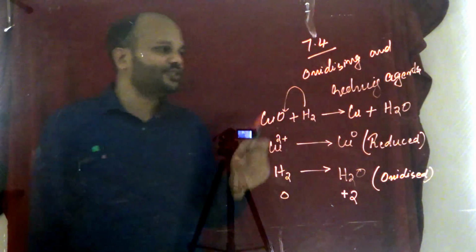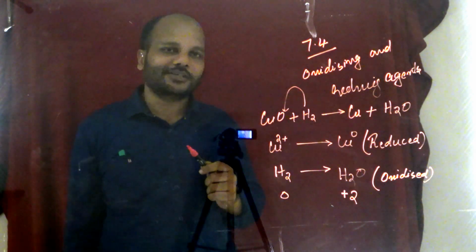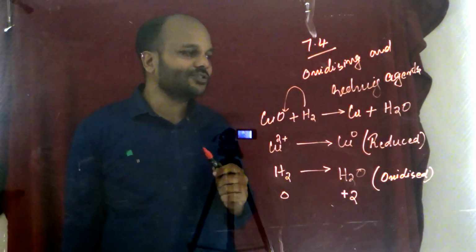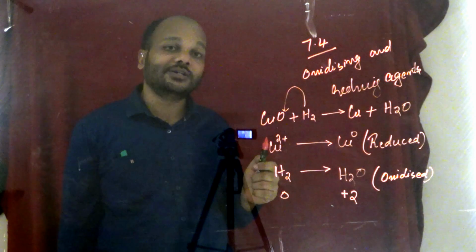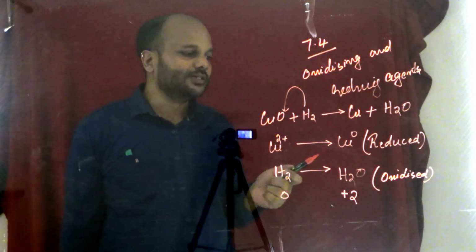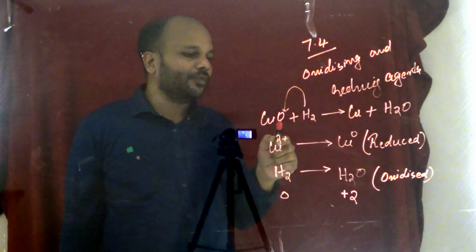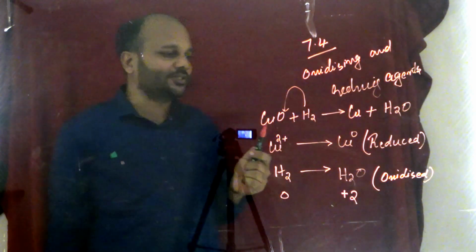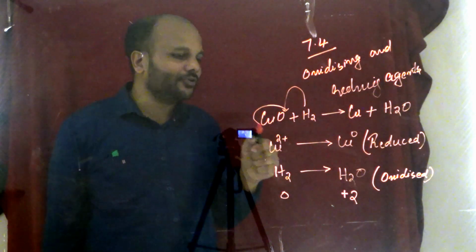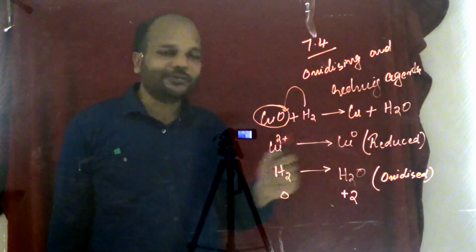Now we have to see what an oxidizing agent is and what a reducing agent is. An oxidizing agent is any agent which is oxidizing another substance, and a reducing agent is any agent which is reducing another substance. Here you have seen copper oxide got reduced, right?